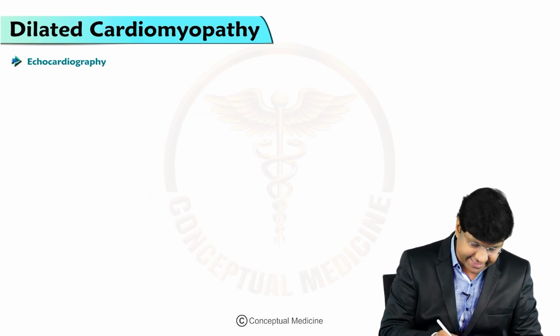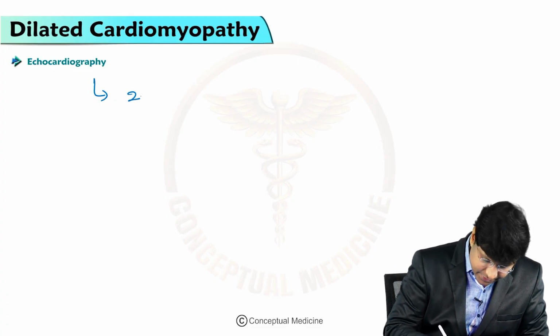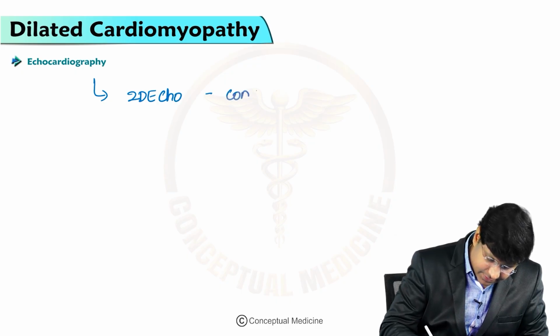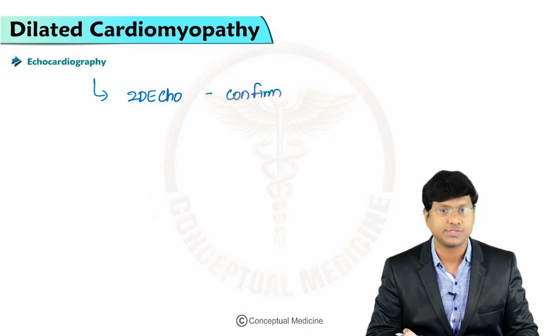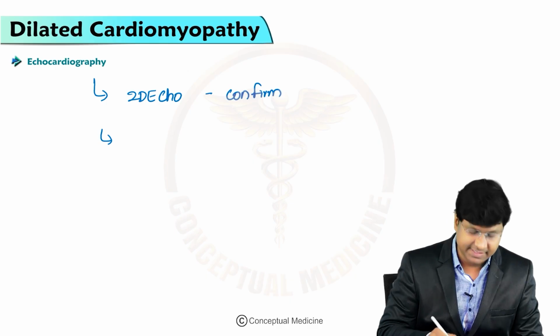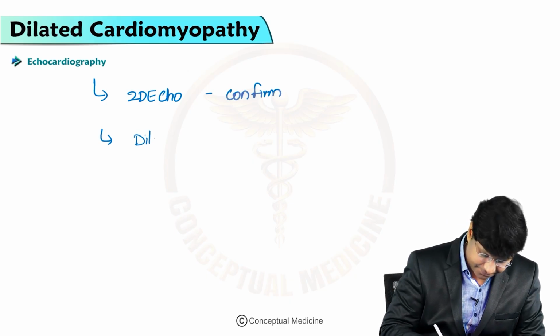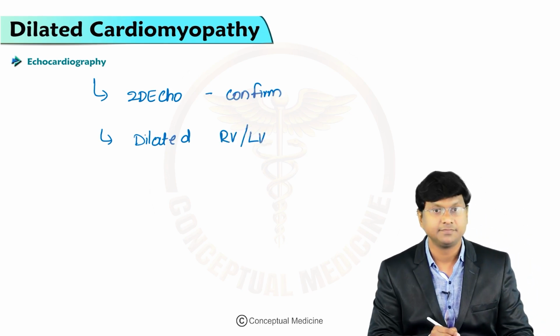And what is the investigation that will confirm the diagnosis? It is the 2D echo that will confirm the diagnosis. And what does this echocardiography reveal? It reveals dilated right ventricle or the left ventricle.